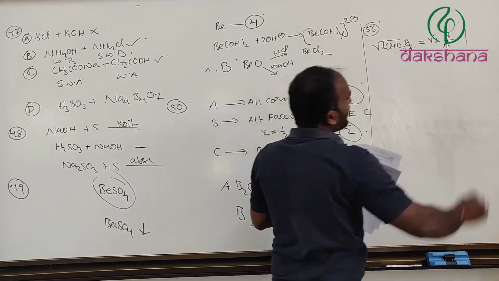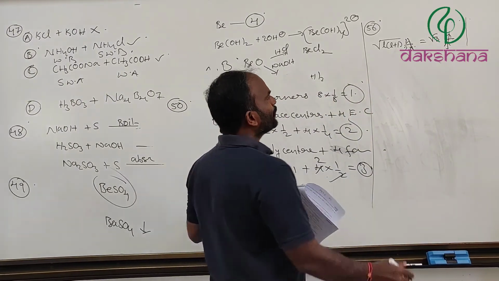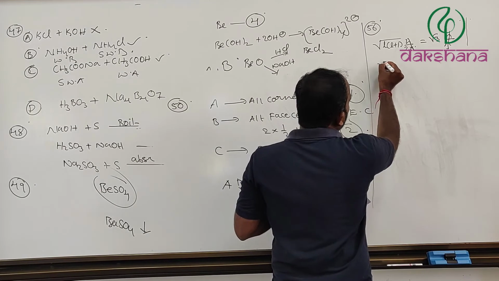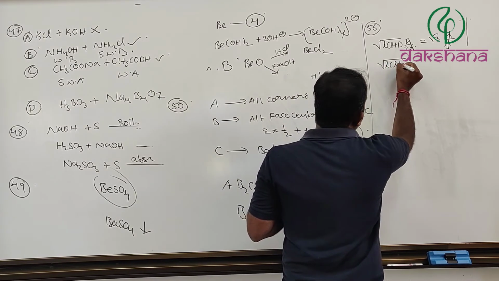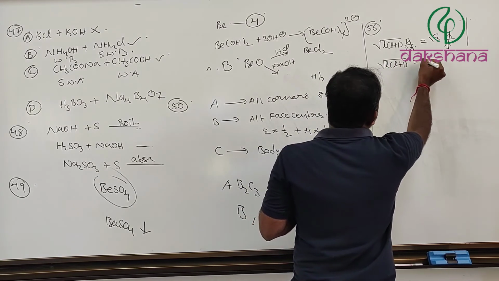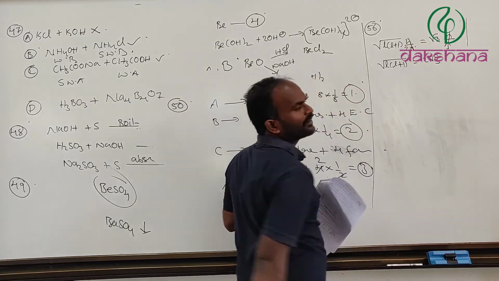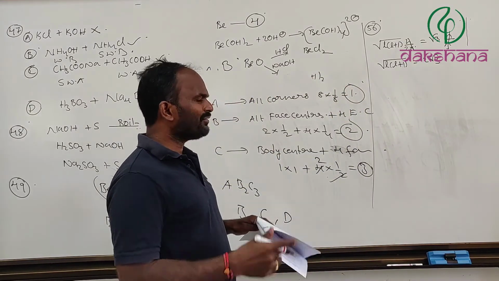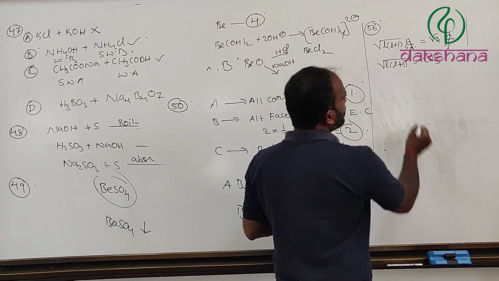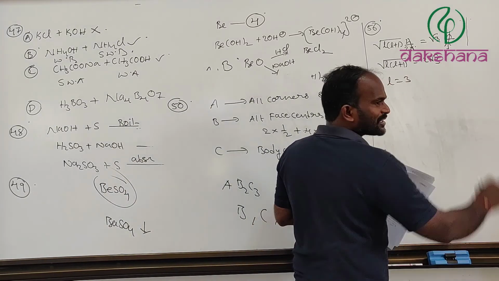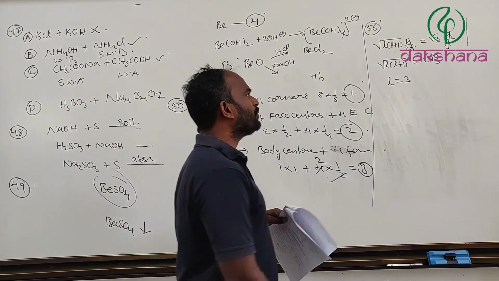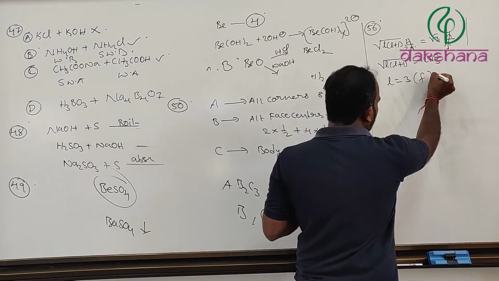H by pi gets cancelled. Therefore, square root of L into L plus 1 is equals to 2 root 3. Obviously, from this we can easily understand that L value should be equals to 3.